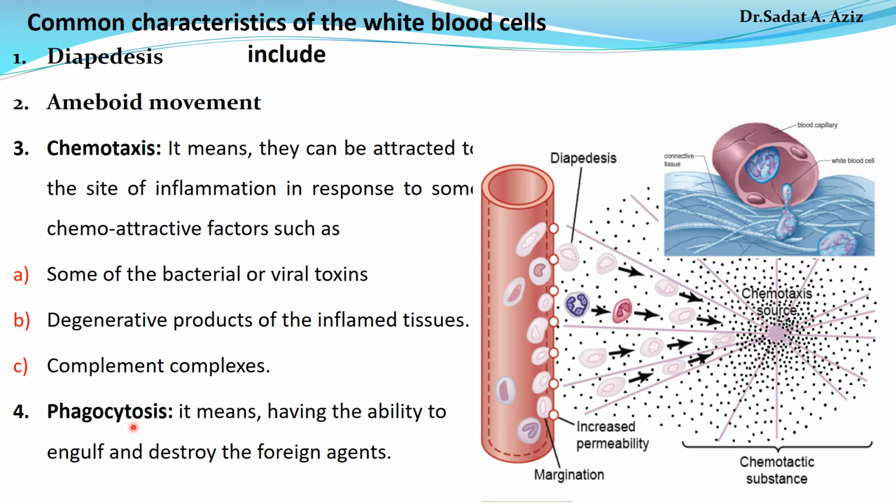Phagocytosis means the white blood cells have the ability to engulf and destroy foreign agents, such as bacteria, viruses, or other particles or molecules, or the lysed cells at the site of injury or infection. So phagocytosis is the ability to engulf and destroy the foreign agent.